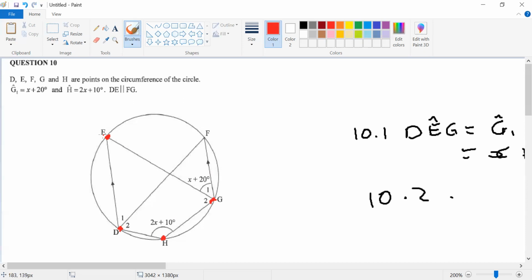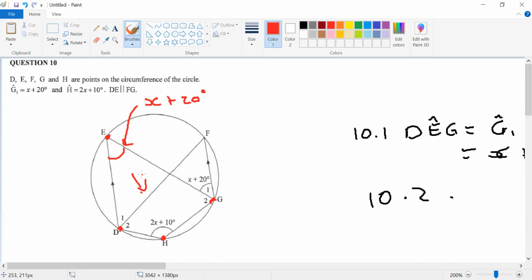And if I look at my diagram, I can see in the previous question, I solved for this angle right here, and I know that that angle is equal to X plus 20 degrees. And it just so happens that that angle is directly opposite the angle that I'm trying to calculate.